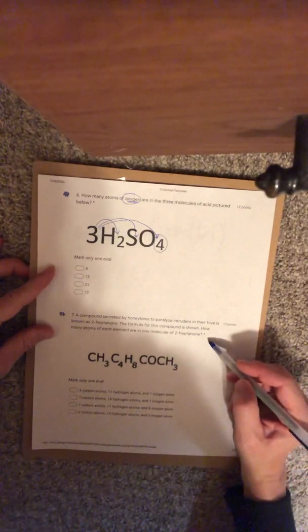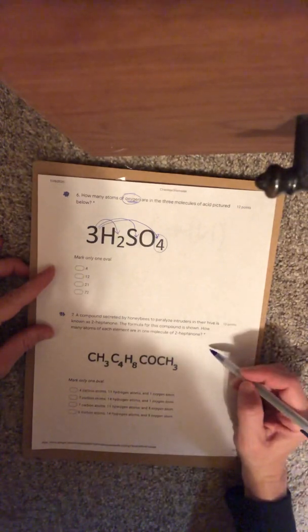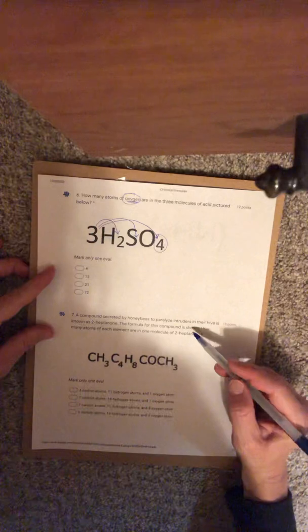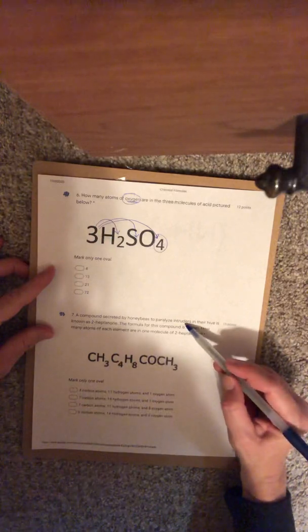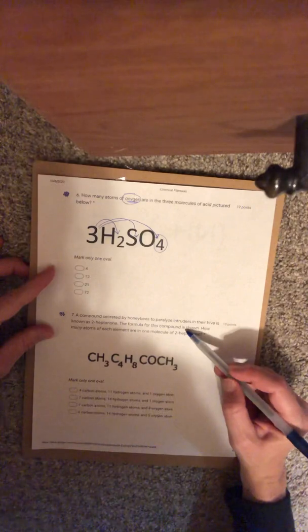Number 7, this was a do now earlier. A compound secreted by honeybees to paralyze intruders in their hive is known as 2-heptanone. The formula for the compound is shown. How many atoms of each element are in one molecule of 2-heptanone?